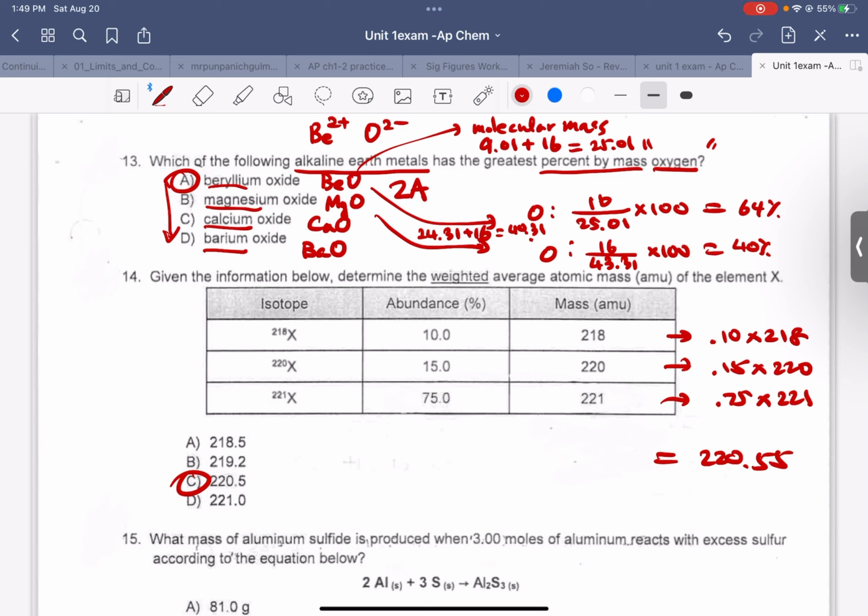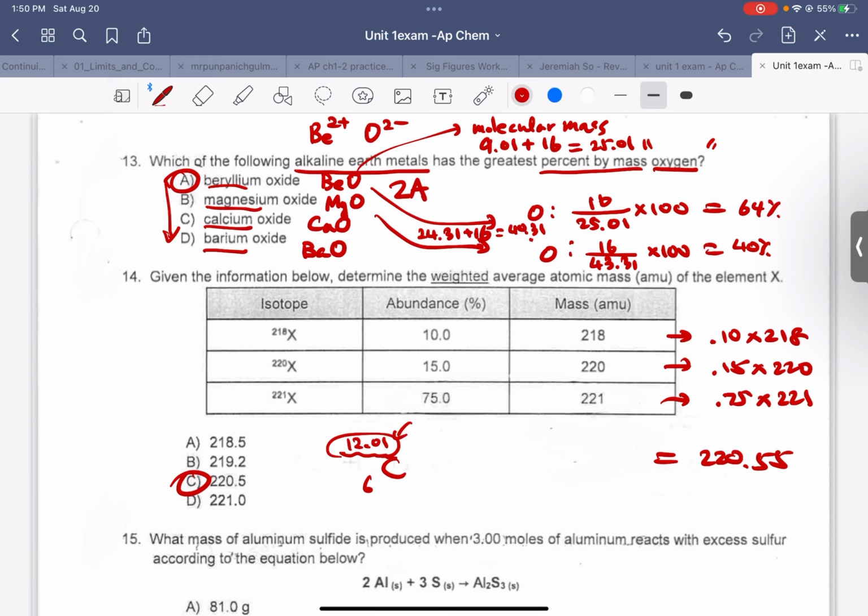Let's say you have carbon. Carbon's mass is 12.01 and its atomic number is 6. Where is this mass coming from? That one is basically all the isotopes, their average mass.